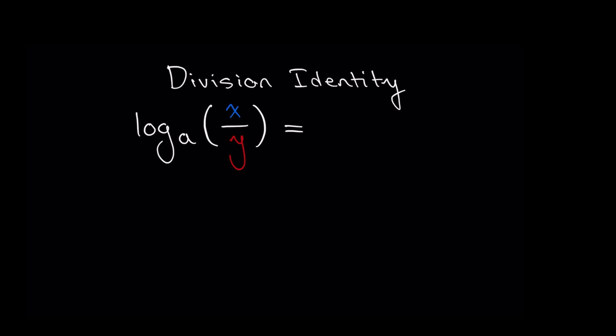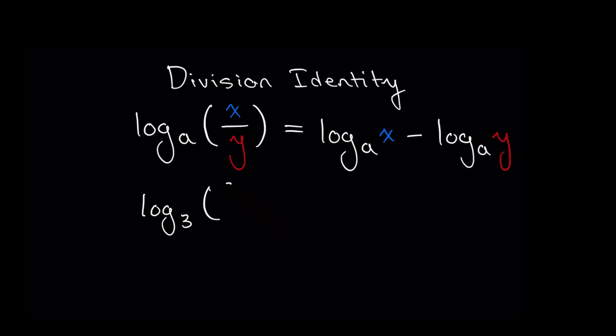Well, this entire thing can be decomposed into log base a of the numerator x minus log base a of the denominator y. And just to help you visualize it, say you were given, I don't know, an example such as log base 3 of 5 over 7 or something. Well, you can rewrite this as log base 3 of 5 minus log base 3 of 7.